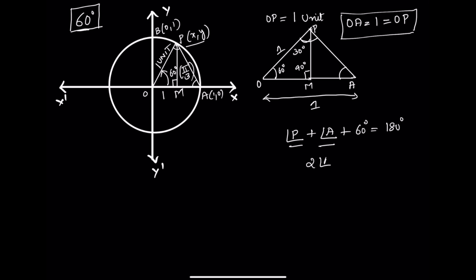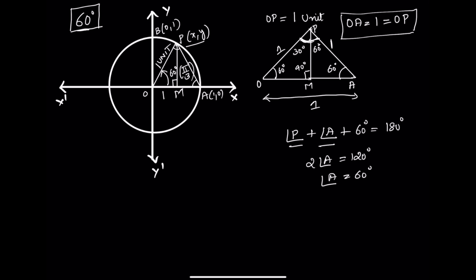So 2 times angle A is equal to 120 degrees, so angle A is 60 degrees. So all the 3 angles are 60. That means it's an equilateral triangle. So PA is also equal to 1, and all the 3 sides of the triangle are 1.